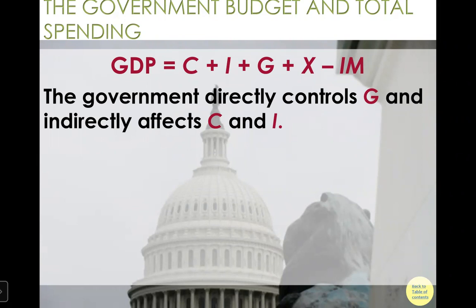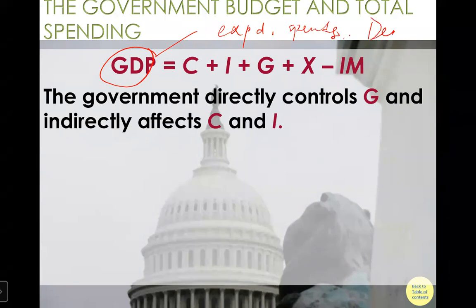Very good. Here, we look at GDP through the lens of expenditure, or through the lens of spending, or more importantly, through the lens of demand.